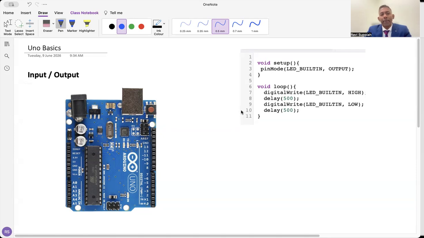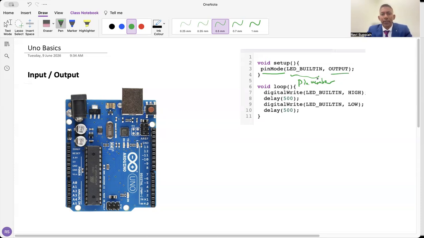So the first thing is, like I said, we use the pin mode to configure a pin as either input or output. The first parameter in this case is the pin number, and this is the input or output.